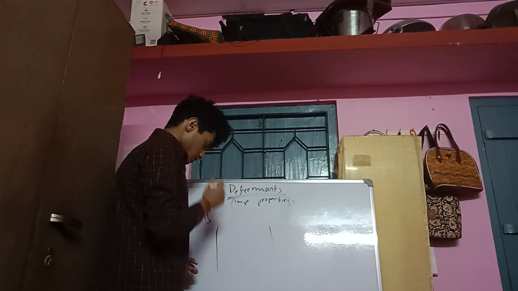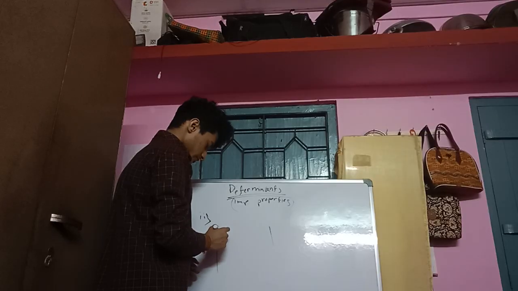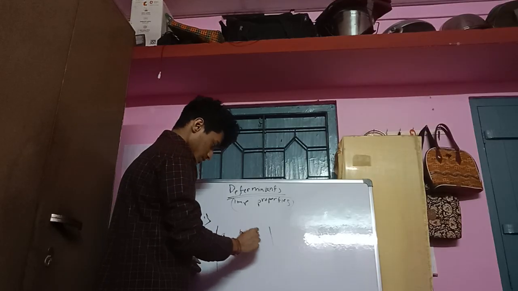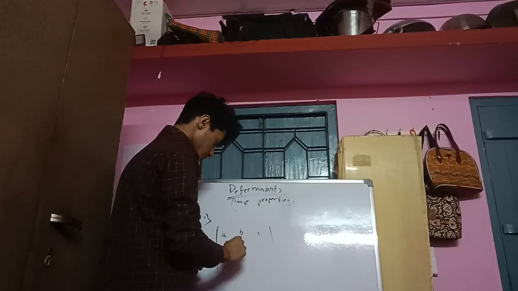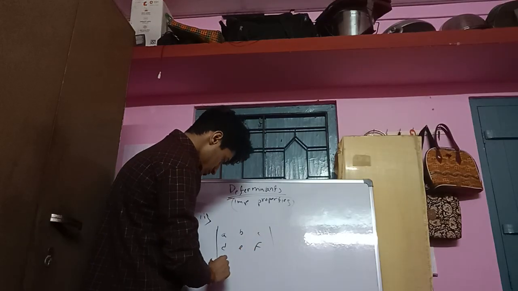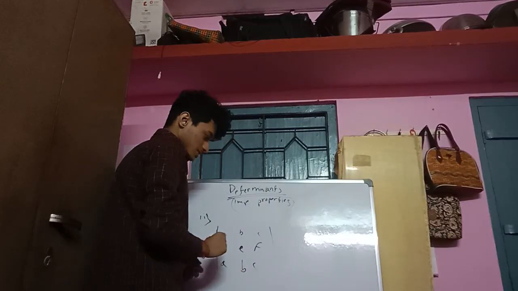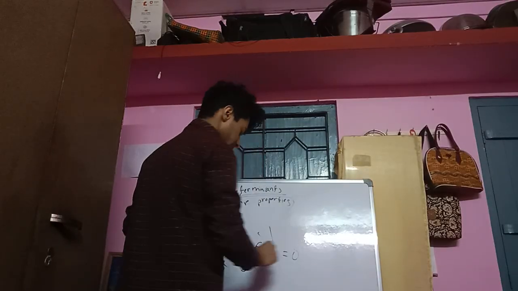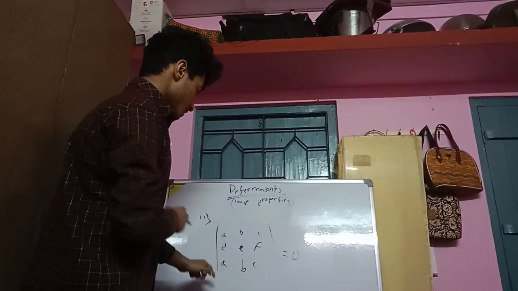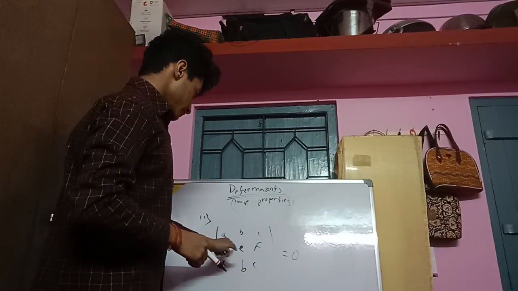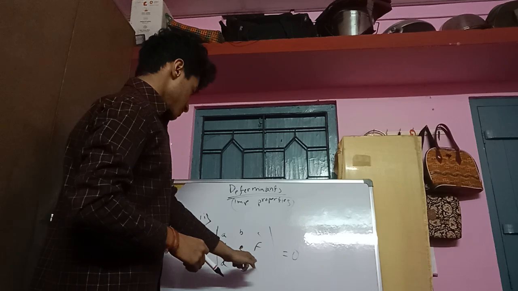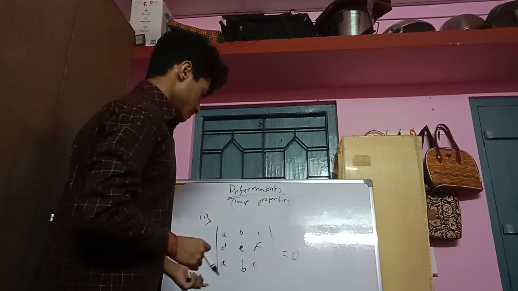Let's say I have a determinant in which the first column is A, B, C, the second column is D, E, F, the third column is also A, B, C. So this property says that the value of this determinant would be 0. You can calculate this yourself: A times (EC minus BF).